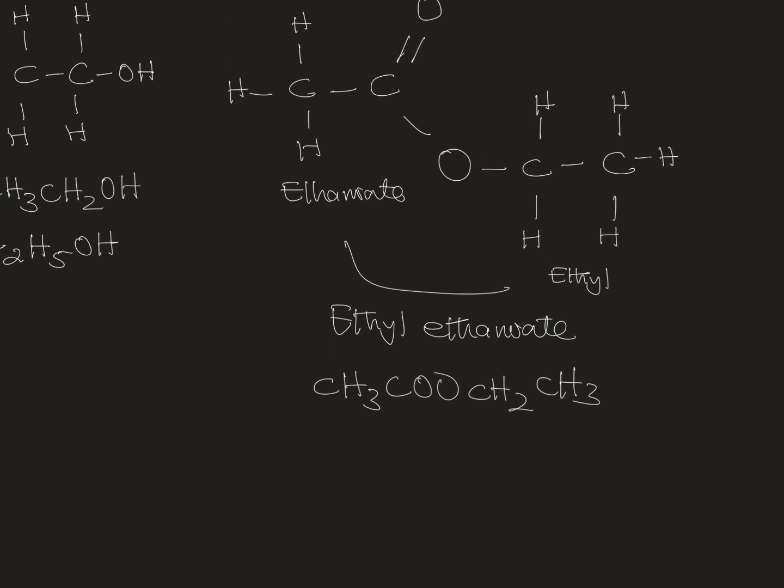We can also write it as CH3COOC2H5 by adding this side together. We have 1, 2 carbons and how many hydrogens? 2 plus 3 is 5. So that is ethyl ethanoate for you.